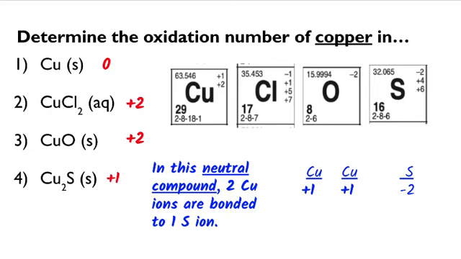So this would be an oxidation number of +1 on the copper in Cu2S. Notice here it is possible for copper to have an oxidation state of 0 if it's all by itself, of +2, and of +1. And that matches what we saw on the selected oxidation states of the periodic table.